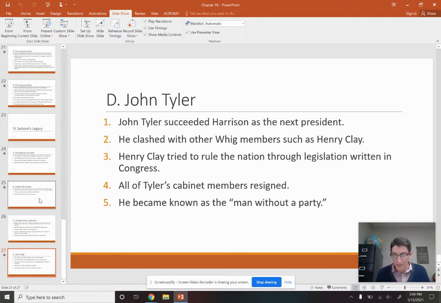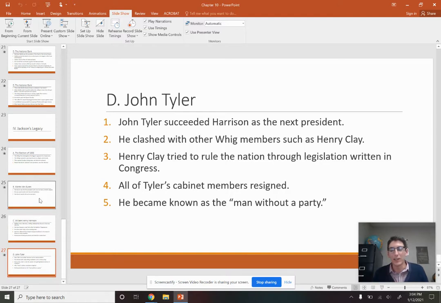In fact, it was sad. I always feel bad for John Tyler because he kept vetoing these bills, even though the Whigs just kept passing them, saying, we're going to try to rule the nation for you through this legislation. They started coming up with names, one of which for Tyler was His Accidency, because he became president by accident, they said.